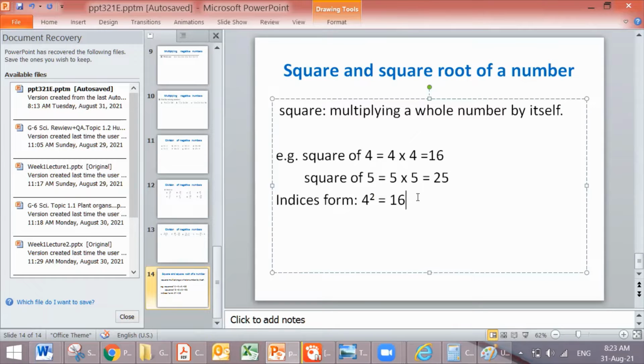And in the same way you can write 5 squared as 5 with a small 2 above, and 5 squared is 25. Similarly, you can write 6 squared in the form of indices. So 6 squared is equal to 36, as 6 6s are 36. So I hope you have understood. This was very easy.